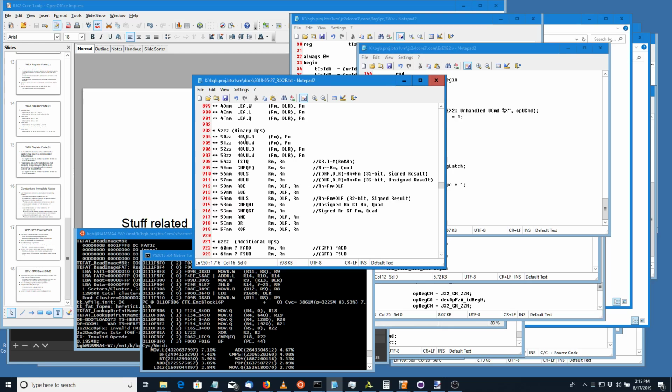Here's the 0 extending byte and word operations. 0 extending loads didn't exist in Super H, so this is another slight advantage BJX2 has.